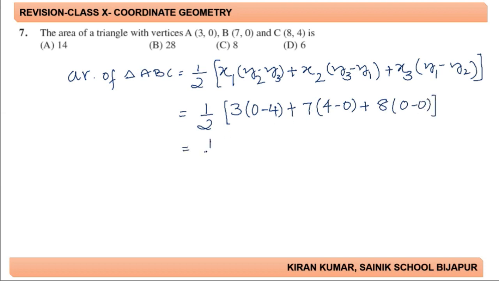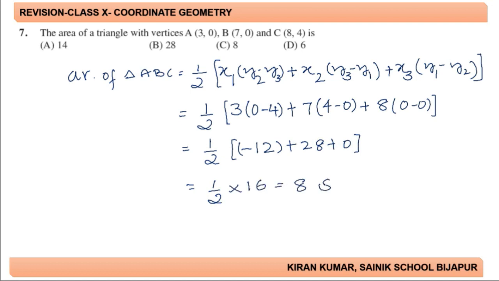This will become half multiplied by negative 12, positive 28, plus 0. This will become half times 16, which is 8 square units. This verifies option C is the right answer.